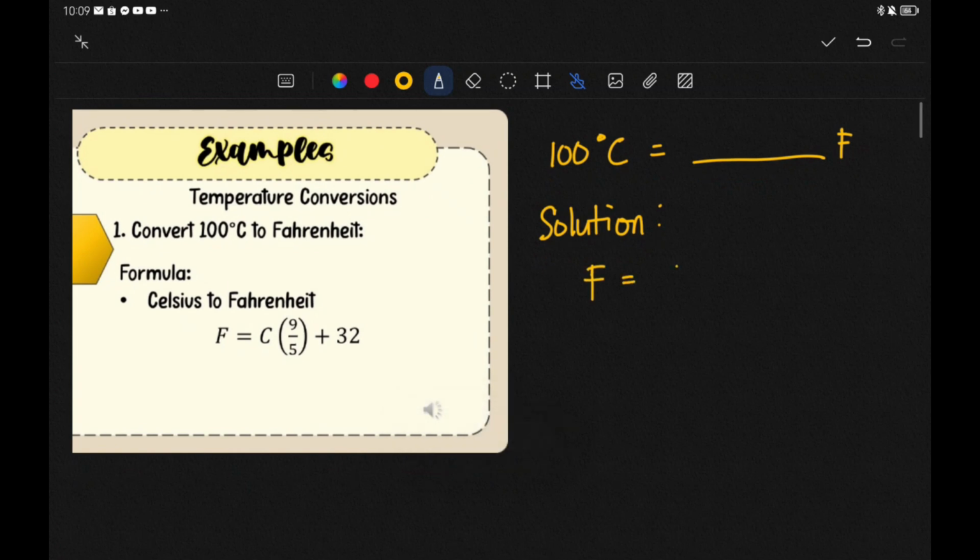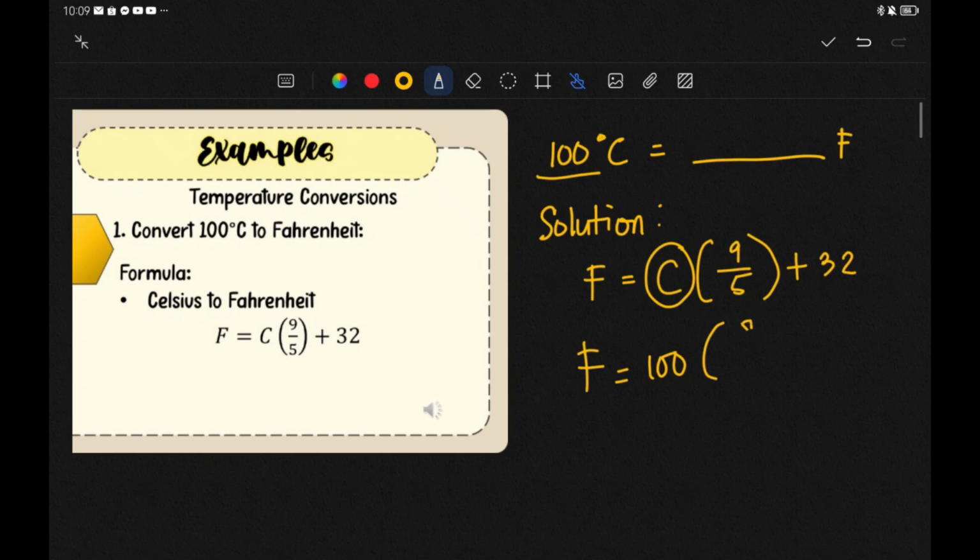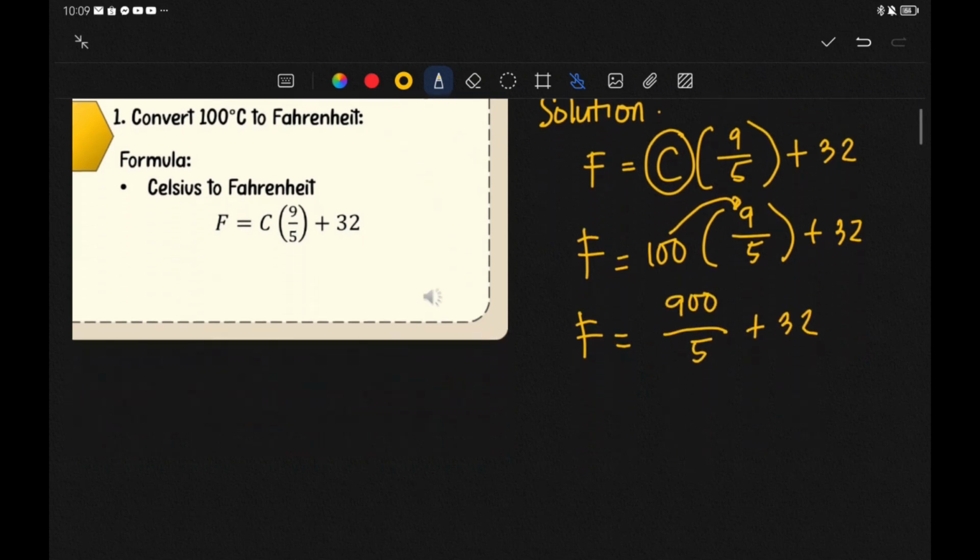The formula is F is equal to C times 9 over 5 plus 32. Our Celsius is 100, so we replace C with 100 times 9 over 5 plus 32. 100 times 9, that's 900 over 5 plus 32. 900 divided by 5, that is 180 plus 32.